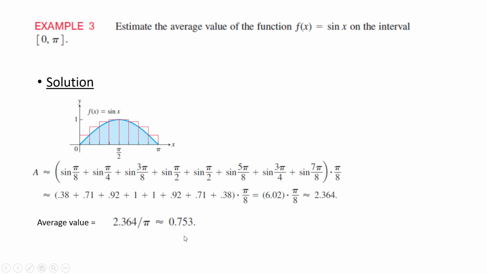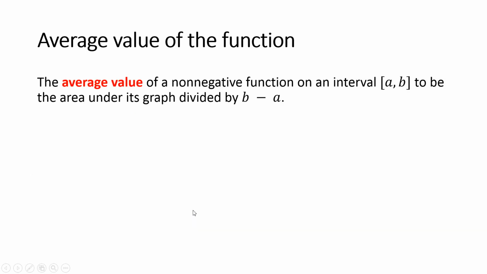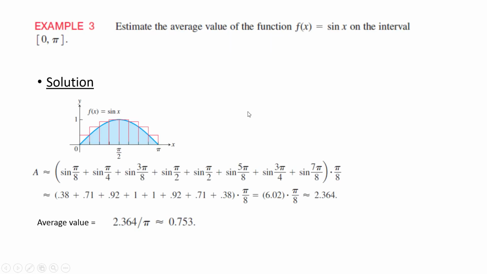So the average value, by the definition of average value, is the area under the graph divided by b − a, that is the length of the interval. So the area under the graph is 2.364 and the length of the interval is π. B − a here is π. So 2.364 is divided by π, and this is approximately equal to 0.753.